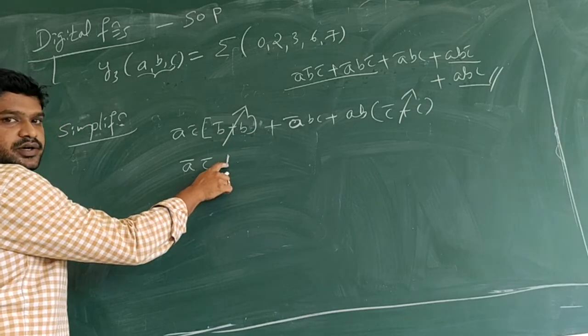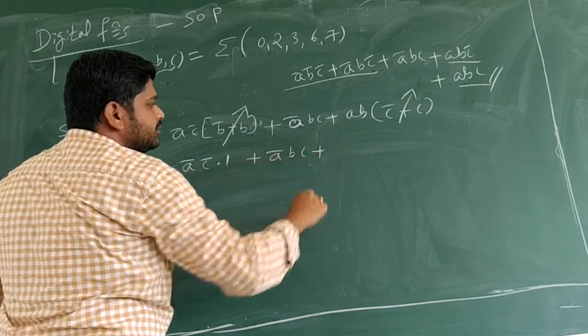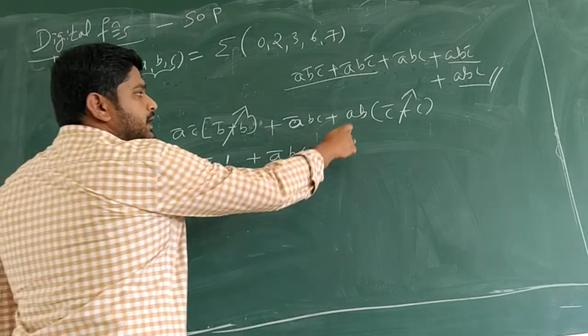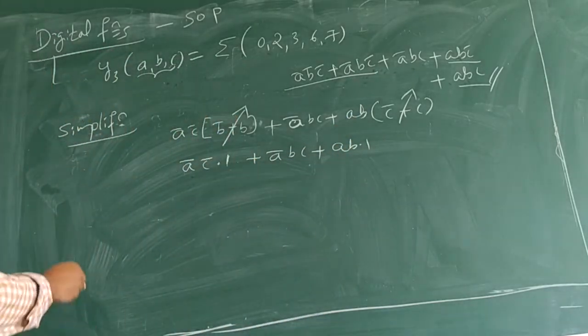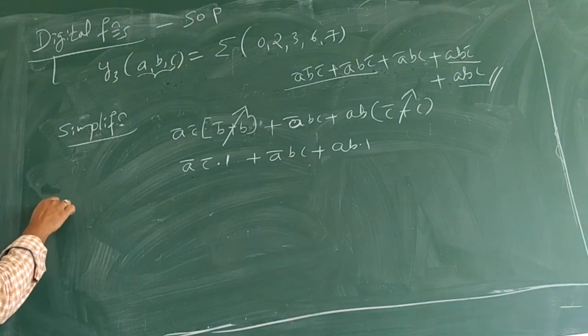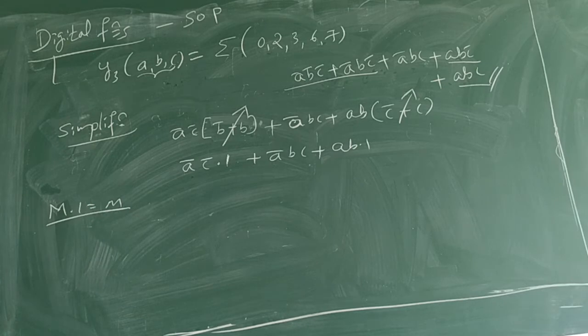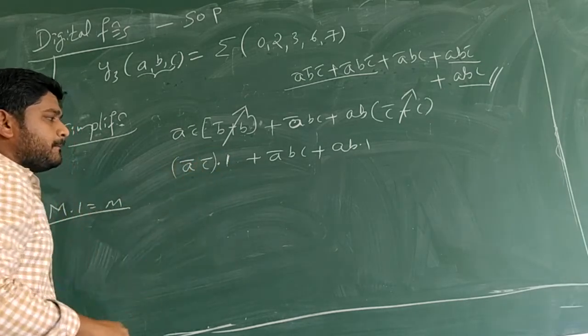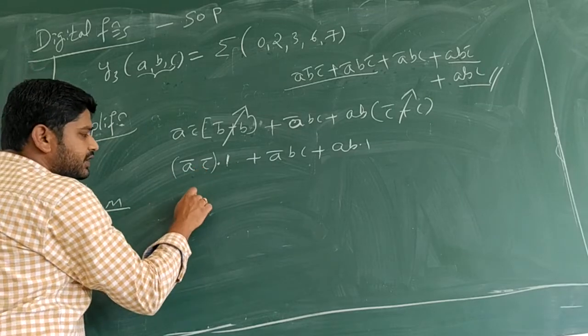This term resulted in 1 plus A complement BC plus AB dot 1. In the last class we have seen M dot 1 is the same as M. If we take this as M, M dot 1 is M only.